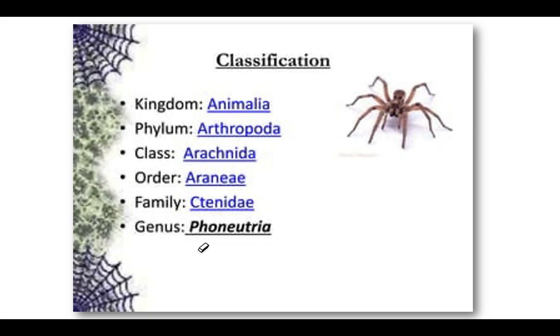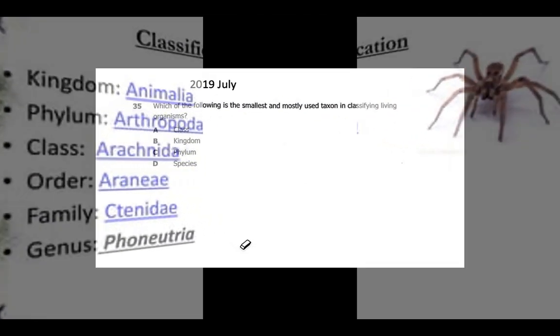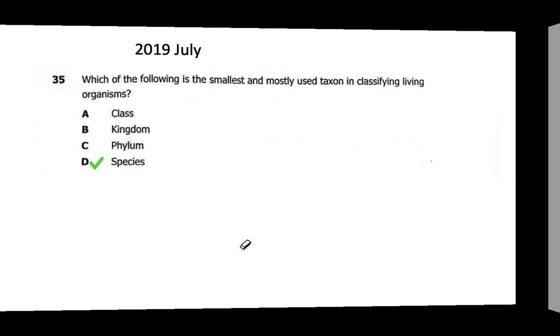Then we have the genus, Fornitreria, that's one of the genus. And then we look at the other parts.